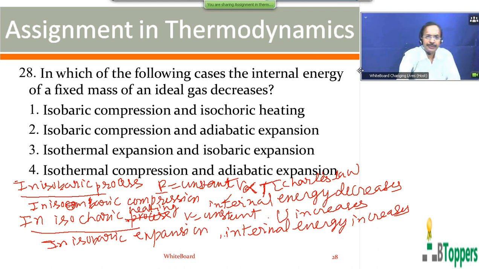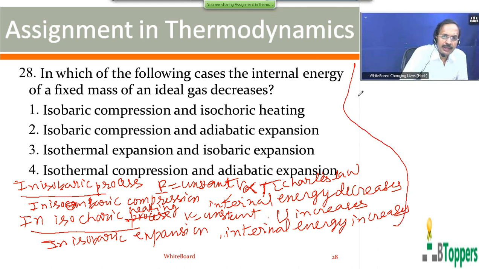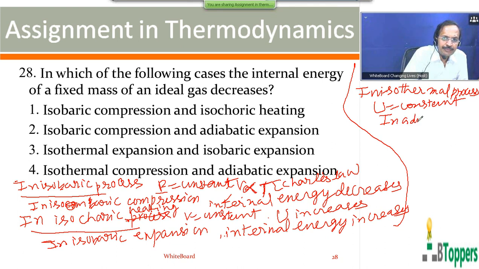In an isothermal process, the temperature of the gas is constant. The internal energy of the gas also remains constant. So in an isothermal process, since temperature is constant, the internal energy of the gas also remains constant. In adiabatic expansion, the internal energy of the gas decreases.